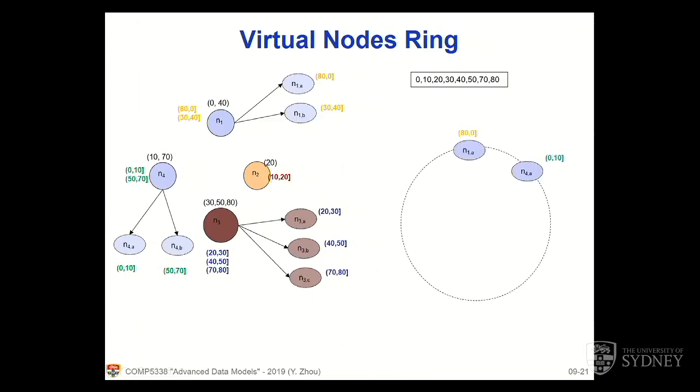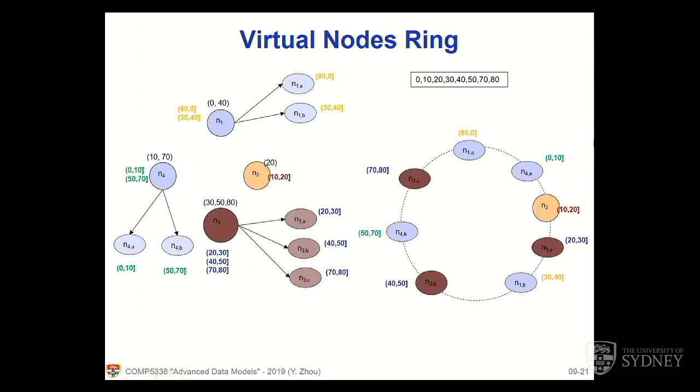And then this is how we put them. This is the first one, which is this, and it's followed by the physical node 4, but it's the first virtual node of this physical node. And then this is N2, followed by N3A, N1B, and N3B, and like this.